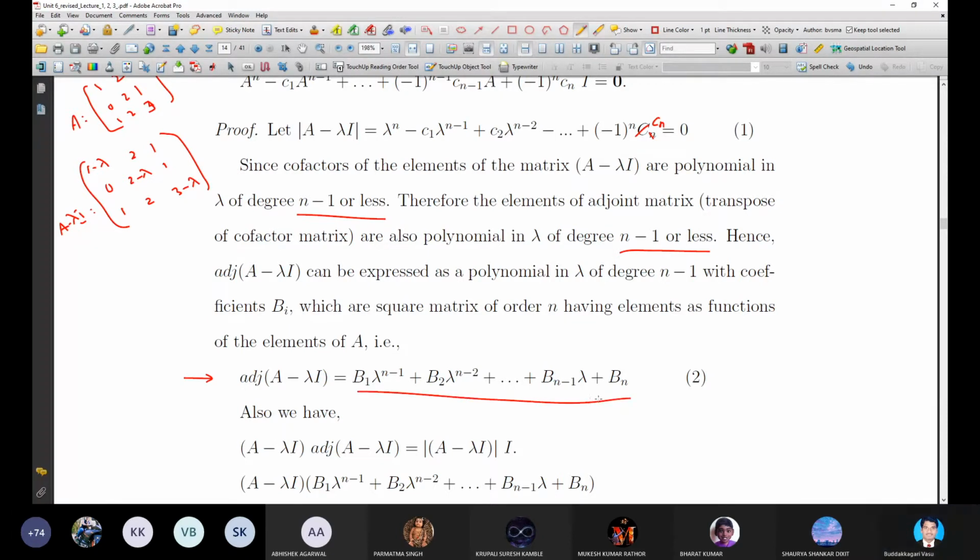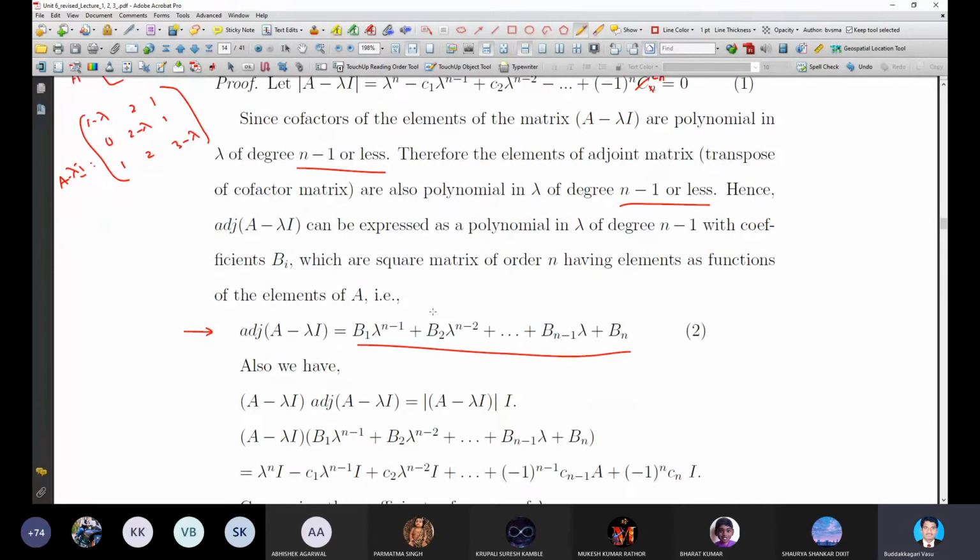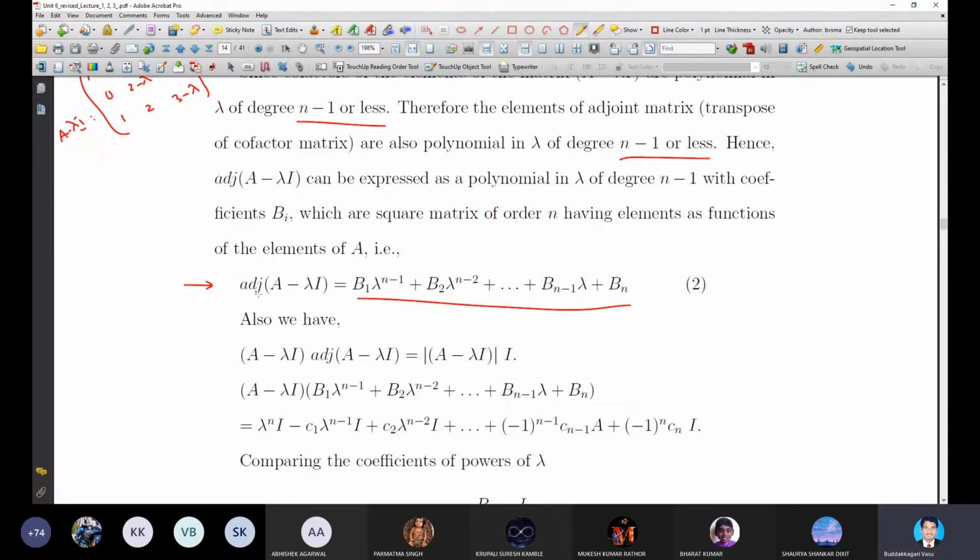Good. So once we have shown that the adjoint matrix of A minus lambda I is a matrix polynomial in lambda of degree n minus 1, now we can use the basic idea of the inverse of a matrix, right?